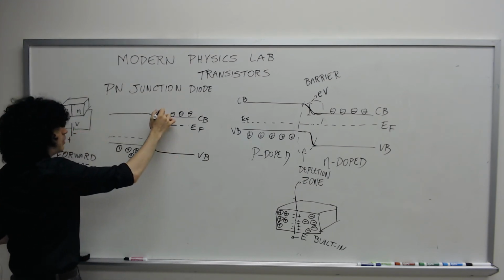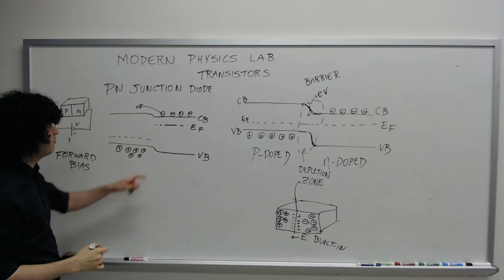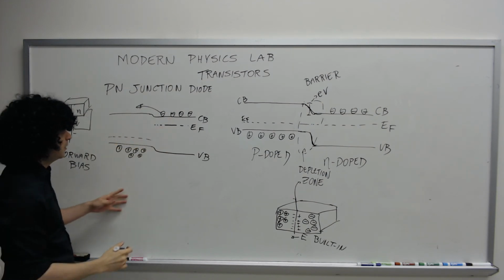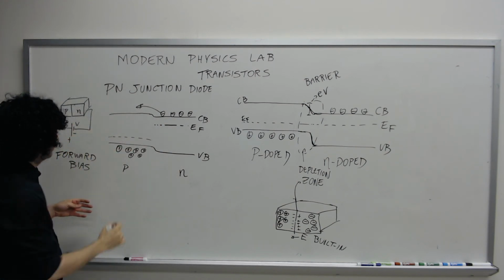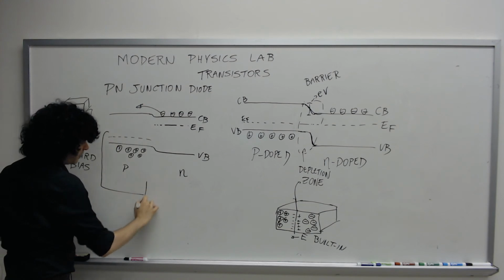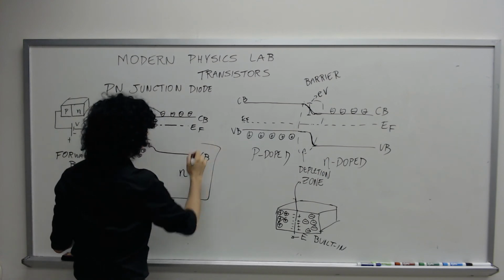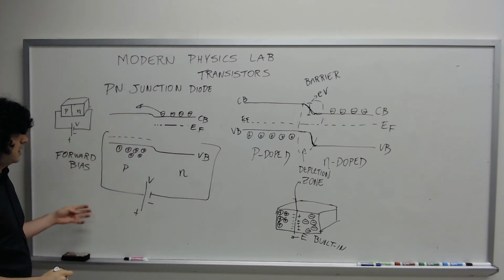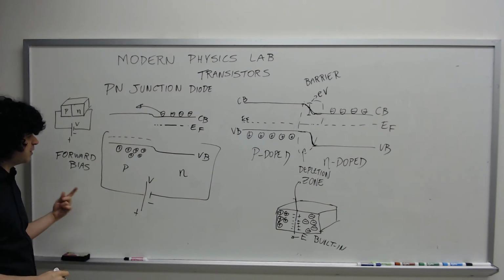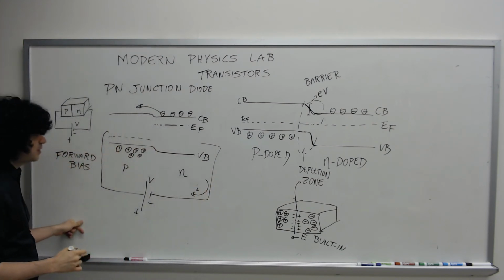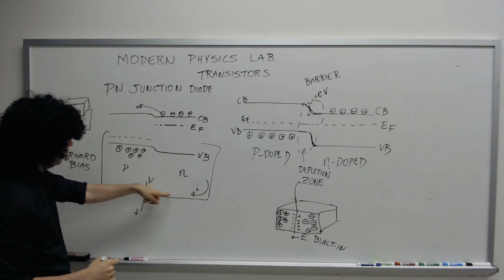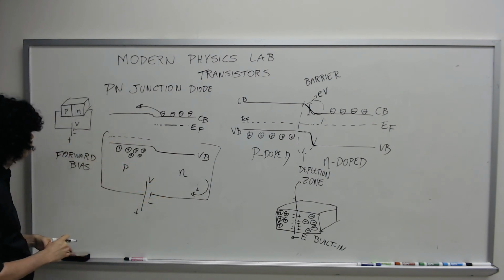and the electrons can travel or can flow from the N doped to the P doped side, and you can establish a current. So we represent here the potential you are applying, and as the current is by convention the motion of positive charges, the current will be the opposite way, to establish a current this way.